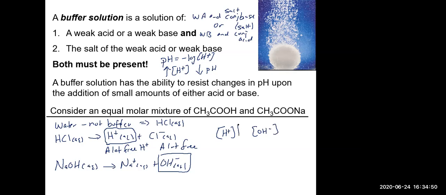As the concentration of H+ increases, the concentration of OH- decreases, and vice versa. As the H+ concentration decreases, the OH- concentration increases. So in this situation, we created a lot of free OH- very quickly, which means the OH- concentration goes up, the H+ concentration goes down, and the result is that the pH will go up.